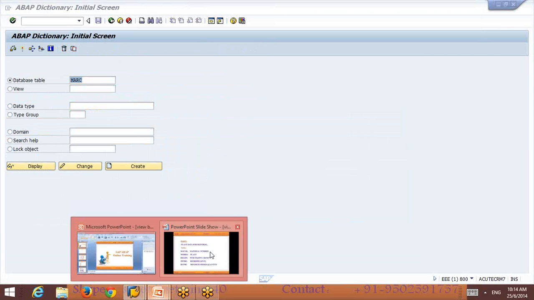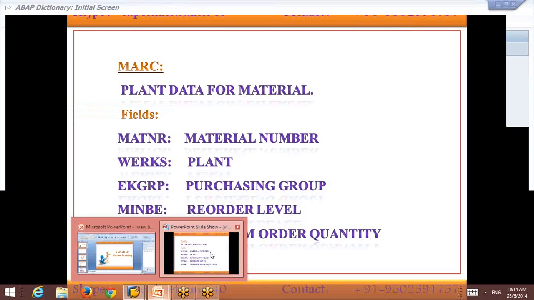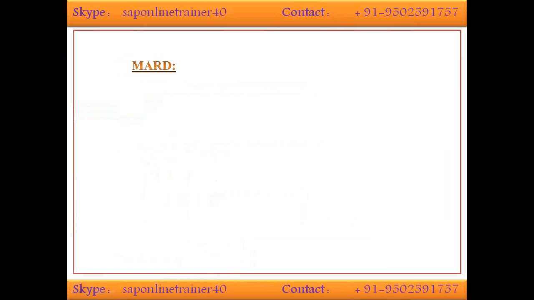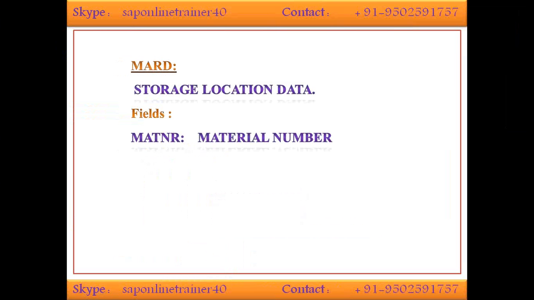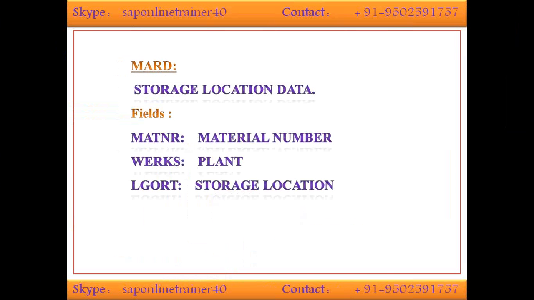Now I will show you some of the fields regarding the MARD database table. MARD is a database table which displays the storage location data, and it also contains some fields. The fields are MATNR, material number, WERKS, plant, LGORT, the storage location, and LABST, the quantity.